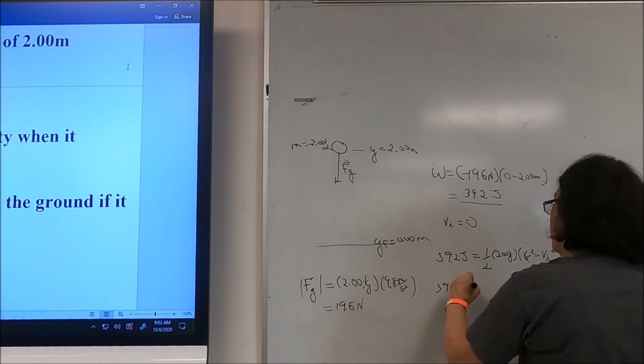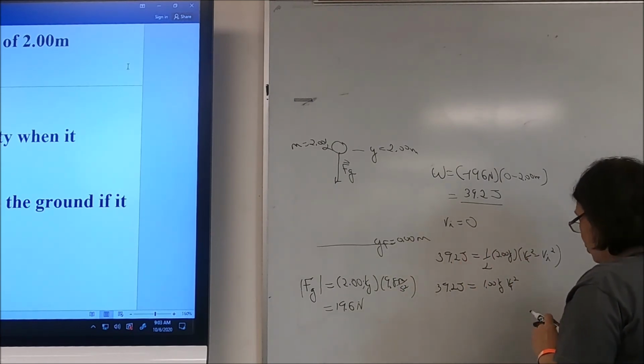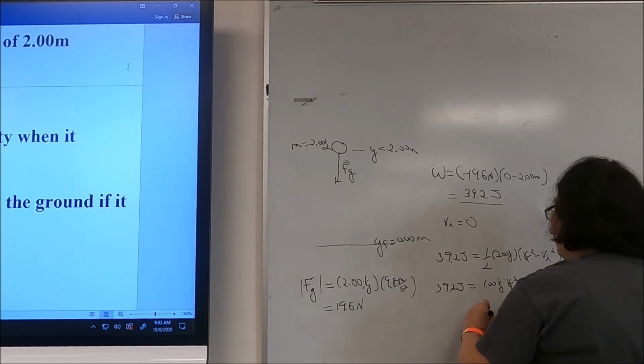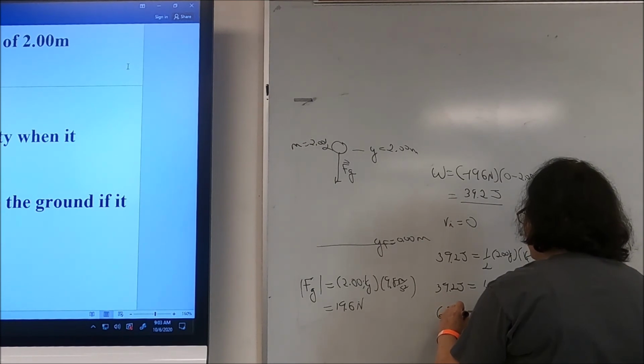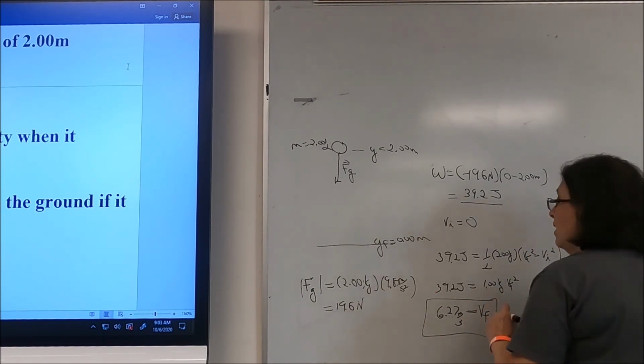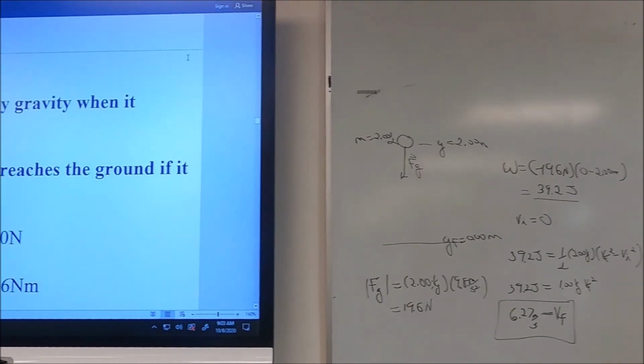So I have 39.2 joules is equal to 1 kilogram times V final squared because V initial was 0. So I get V final to be 6.27 meters per second. Now, that's a speed, not a velocity. It's very easy for us to say, well, that ball has to be going down, and I can change that speed to a velocity fairly easily, but we gave up a little bit of information for a slightly easier approach.